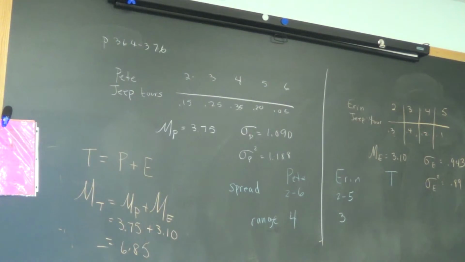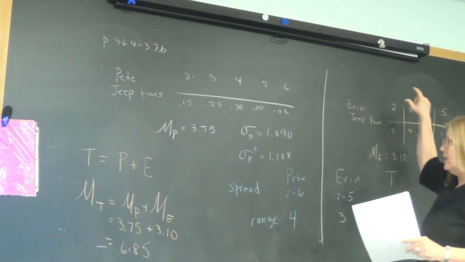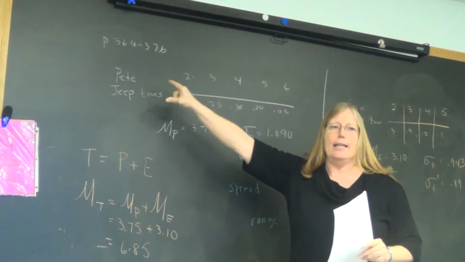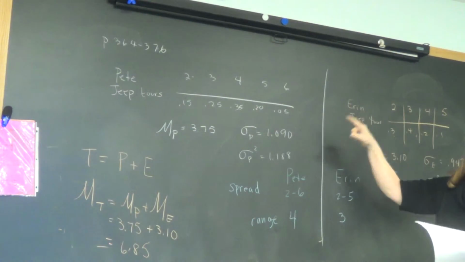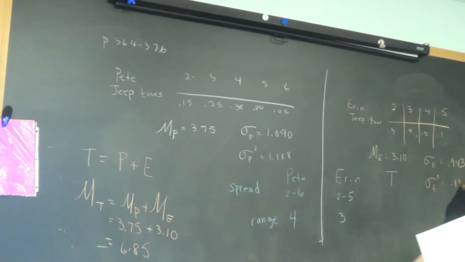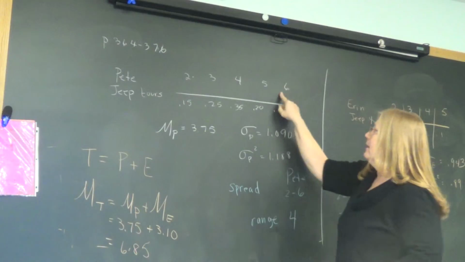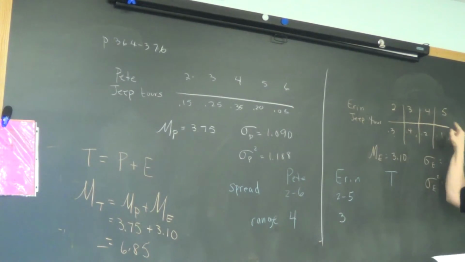Suppose we were looking at the very lowest, because now when we're adding them together, the very lowest combination of Erin plus Pete is what? Julia, what's the lowest of adding the two together? So you're looking at these numbers, adding them to these numbers. What number is the very lowest possible? Not multiply, we're just adding.